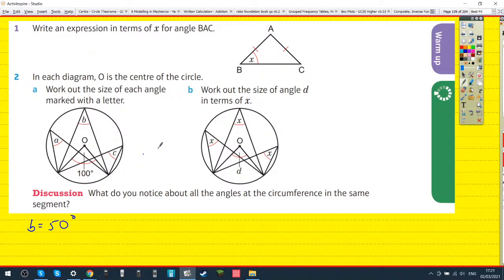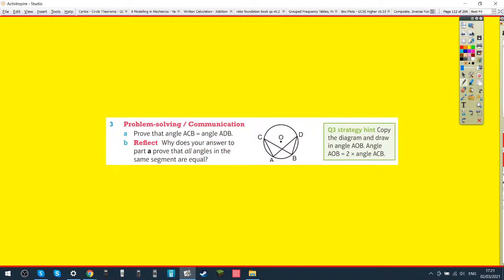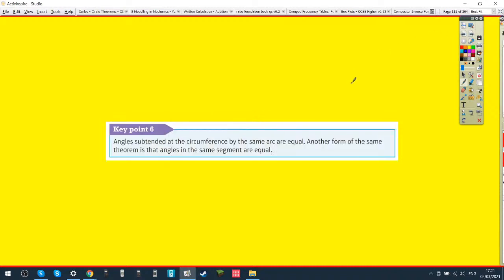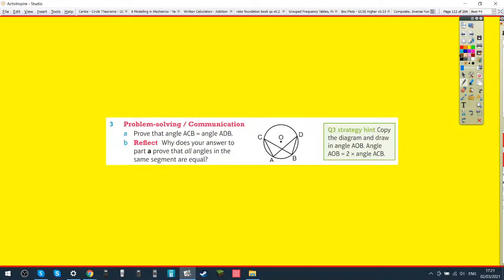So does that mean they're all 50? Yep, they're all the same. And so if you see that shape, you know that those are the same. Those angles are equal. Angles subtended at the circumference by the same arc are equal.